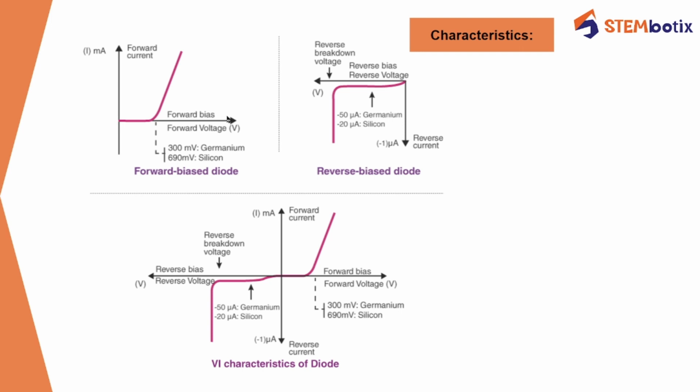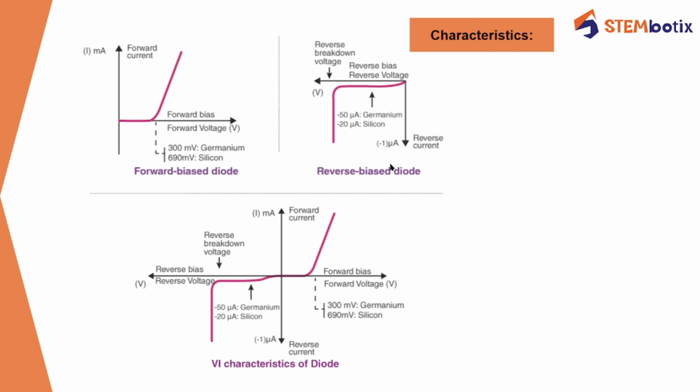So as voltage increases, the current increases rapidly. You can see here, for some voltages it is almost zero, but after a certain amount of voltage, the forward bias current increases rapidly, you can say exponentially.